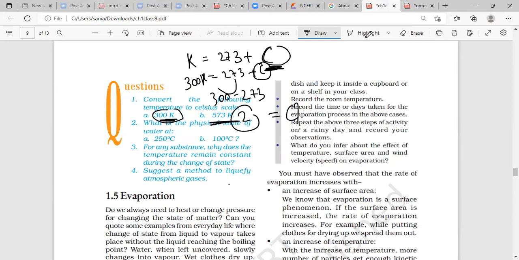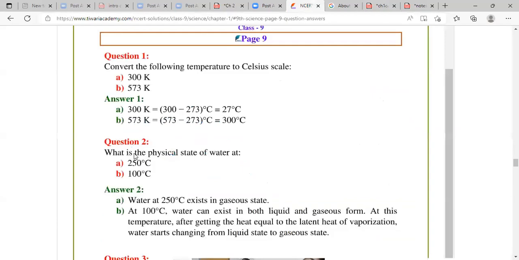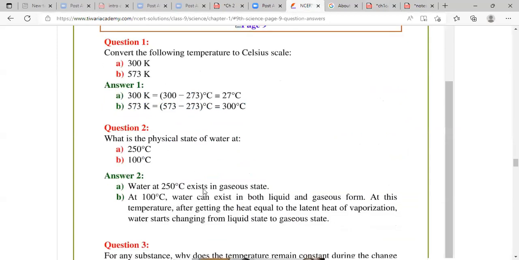Yes, ma'am. Now the second question is, what is the physical state of water at 250 degrees Celsius? It will be the gaseous state. Why? Can anyone tell me why it will be the gaseous state? Just scroll down your notes where you did the boiling one.